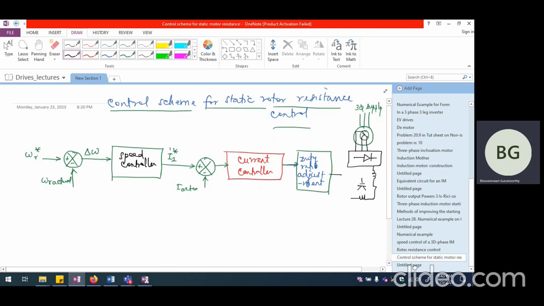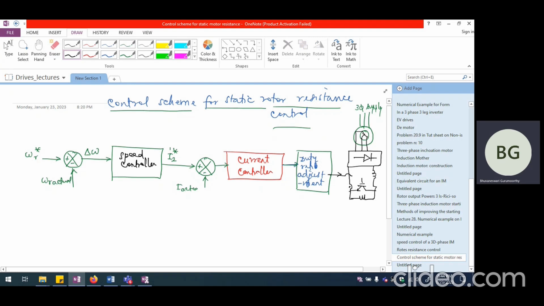Now the duty ratio control is going to directly feed the duty ratio to the switch. And let me complete this circuit. This is going to go here, whereas this is going to be connected here. And we have to connect this as well here. Okay. Now we can sense what is the current here. So let me probably sense the current here. This is the current that is being sensed here.